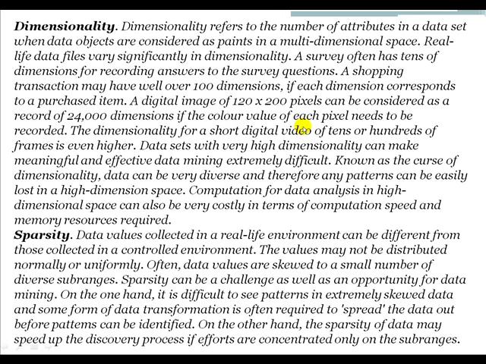So we have 120 by 200 pixels, and then suppose we want to record the color value for each of those pixels. Then we'd need 24,000 dimensions to do that. Each image that is 120 by 200 pixels would be one object, and we'd record the color level for each of the 24,000 pixels.